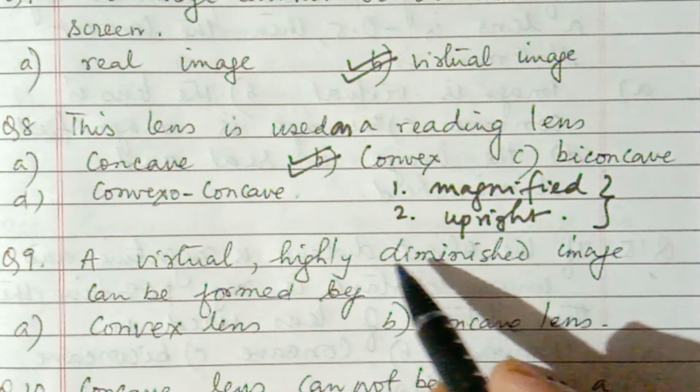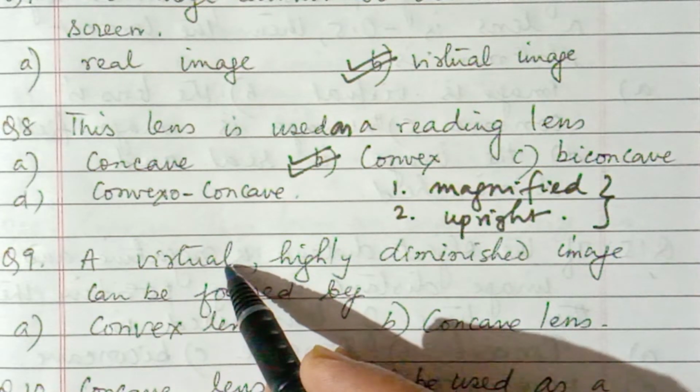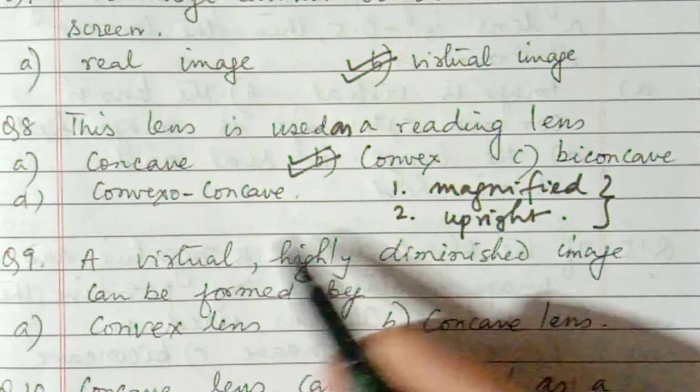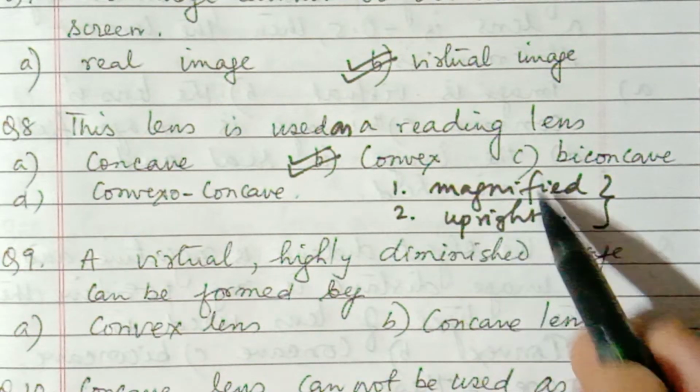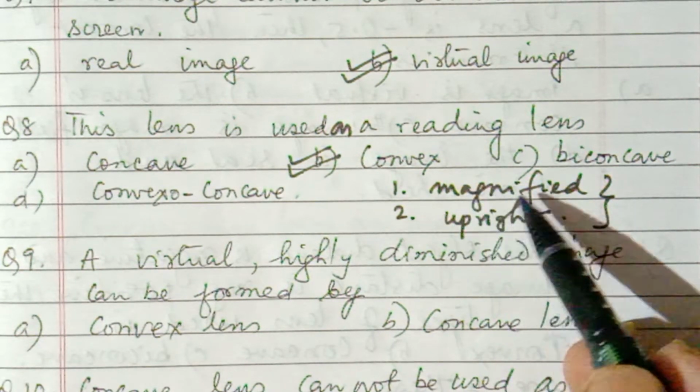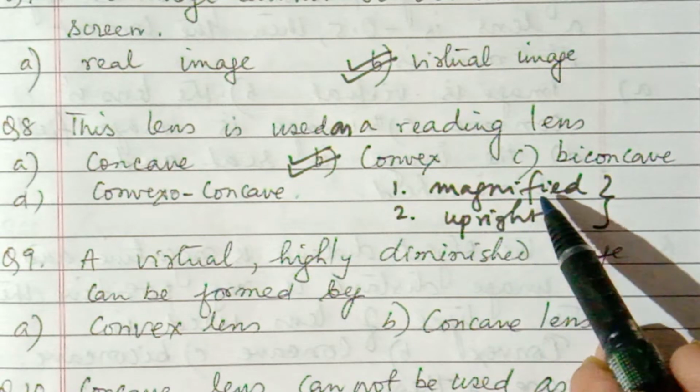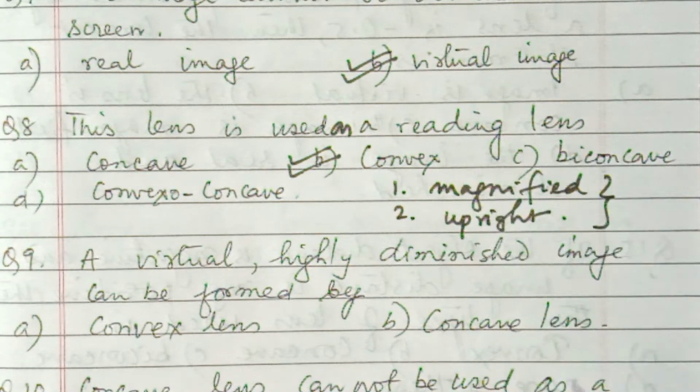The virtual image formed by convex lens is magnified, same situation as a magnifying glass, simple microscope or reading glass.